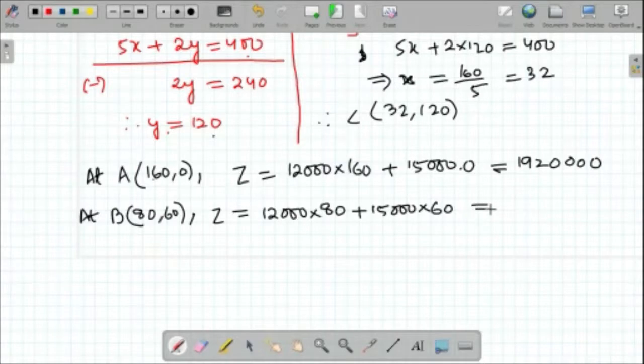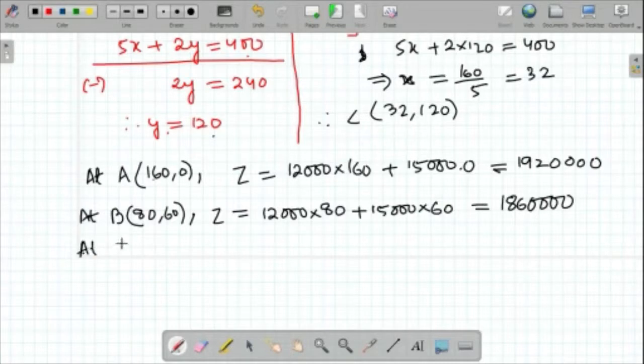Okay, so here we need to do a little bit of calculation. After doing a little bit of calculation, you will get this value 186,123,4, right? So that is at B.